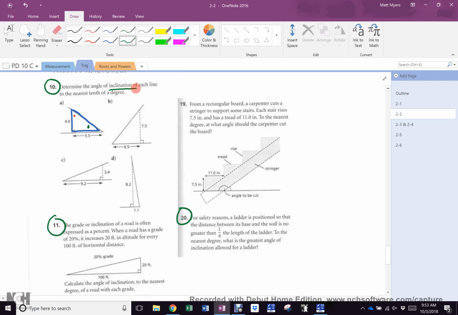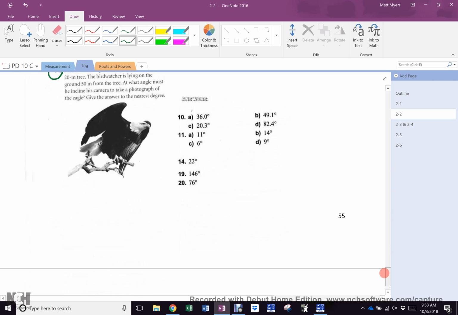Just the green one. So the green one becomes my theta, yes? Which means I need the opposite 4 over the adjacent 5.5. That is the decimal. Am I asking for the decimal or am I asking for the angle? The angle. So I have to shift tan that. And that gets me the answers from the bottom of the page.